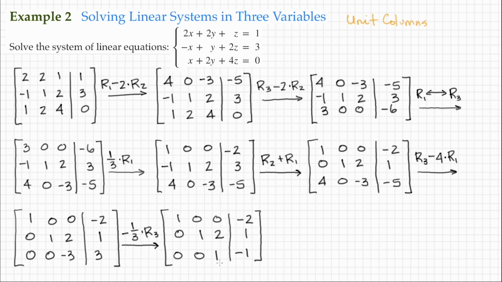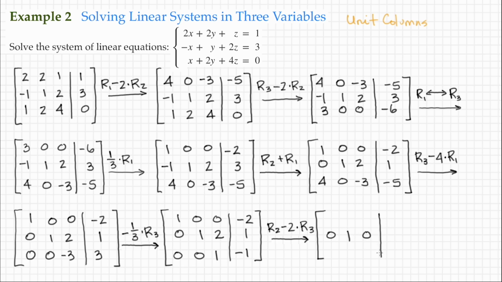So our last value to change is this one right here. So we'll take row 2 minus 2 times row 3. 1 times 2 is 2. 2 minus 2 is 0. So we have 0, 1, 0.